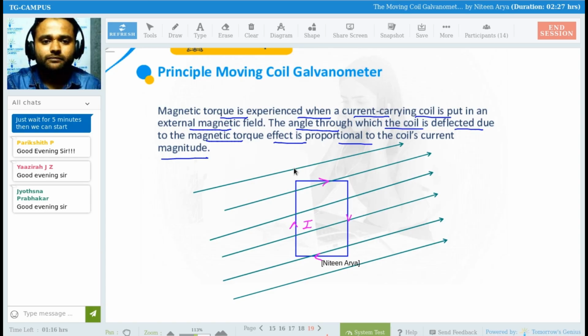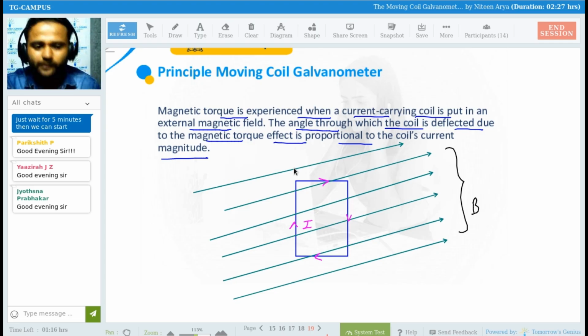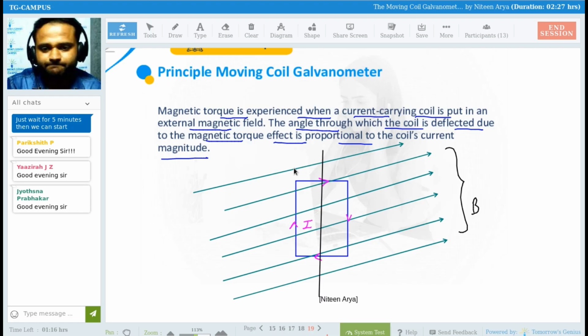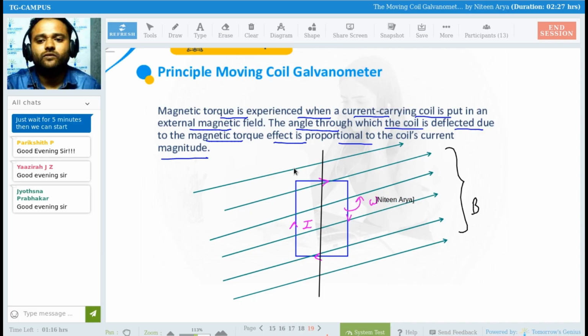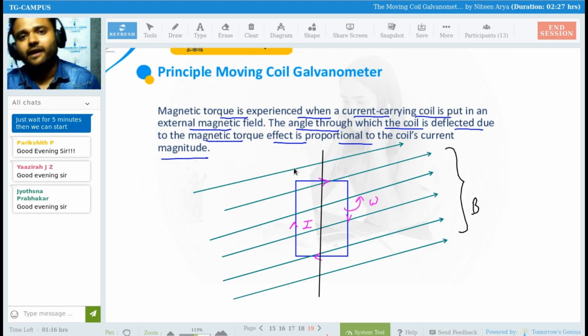So this is going to rotate because it is in the uniform magnetic field B, and the current generates a magnetic field of its own. There is also a magnetic force, so it is going to rotate in this way. This is the concept, the principle of a moving coil galvanometer.